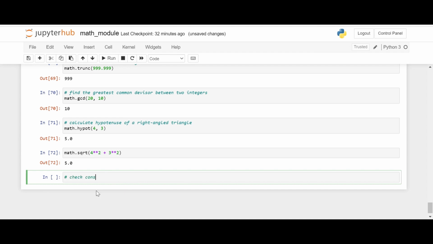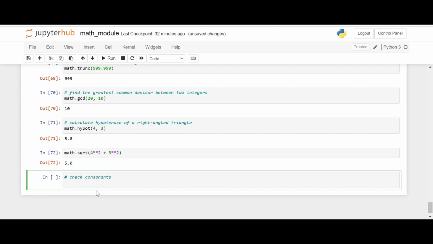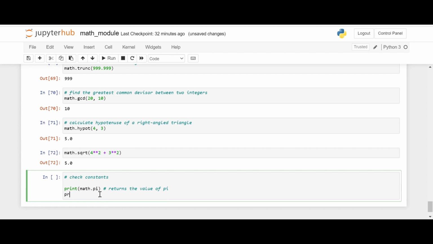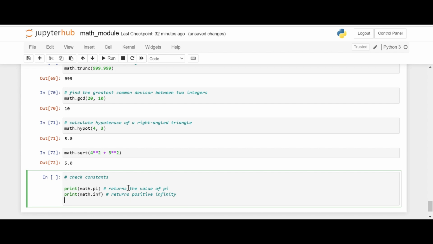Check constants. There are some constant values available within this module, so we can get them. Math.pi returns the value of pi. Math.inf returns positive infinity.